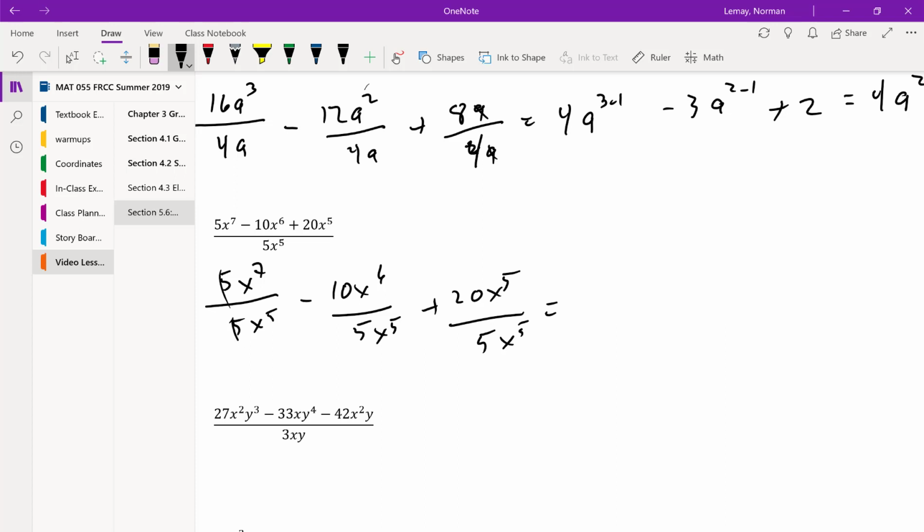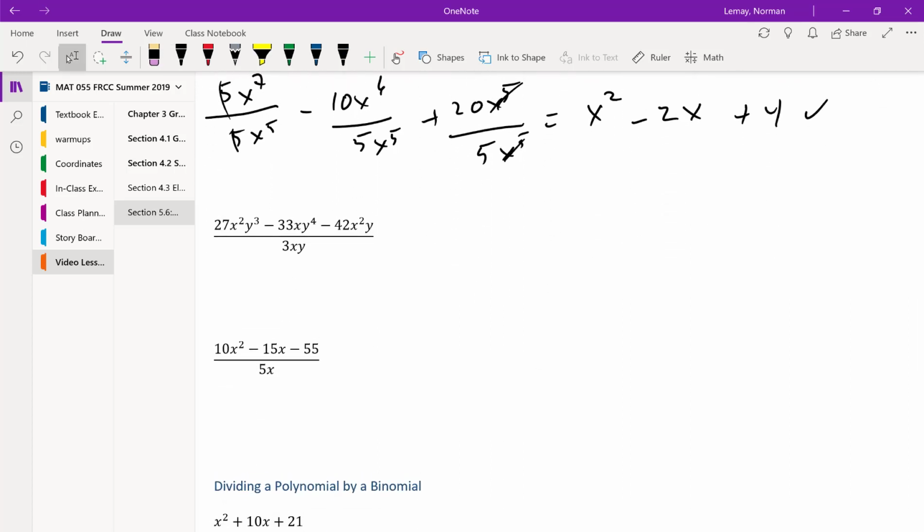So notice we get x to the 7th minus x to the 5th. So 7 minus 5, so I get x to the 2nd power, minus, 5 goes into 10 twice. So x raised to the 6 minus 5, that gives us a 1. So we get 2x plus, and now we get 4. And then notice that these two will just drop out. So we get this. Okay.